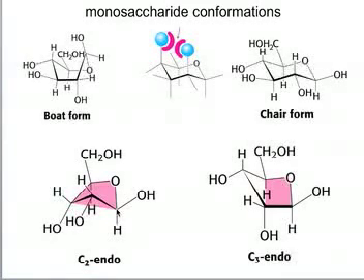This would be an aldose in that case. So we see carbon 1, and then carbon 2, carbon 3, carbon 4, penultimate carbon, carbon 5. So C2 is popped out of the plane of the ring here, and here we see carbon 3 popped out of the plane of the ring. I'll just point out that we can populate either of those structures, and the extent to which we populate one or the other depends on steric hindrance.